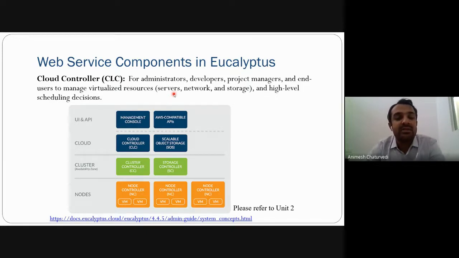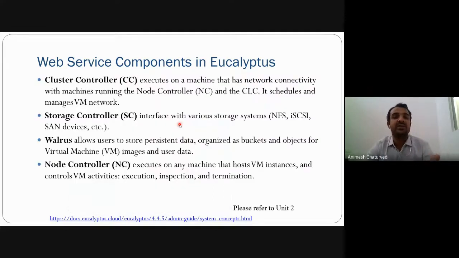And this management console is there for a graphical user interface, or a command-oriented interface. And these APIs have Amazon and Eucalyptus compatibility, which we'll discuss later.